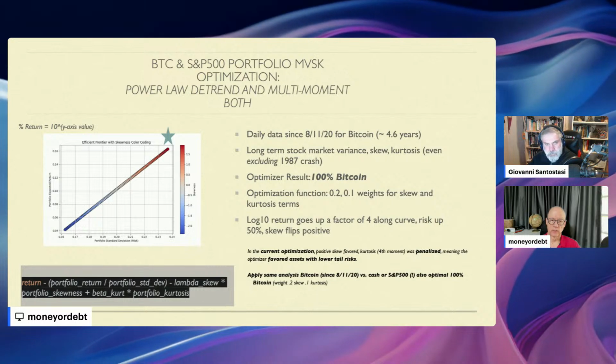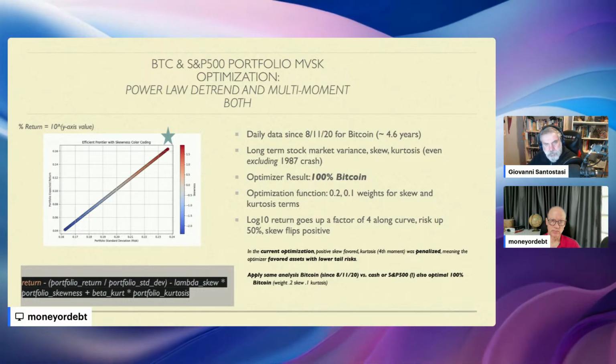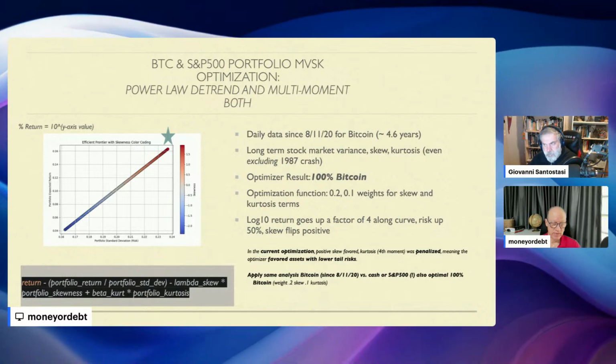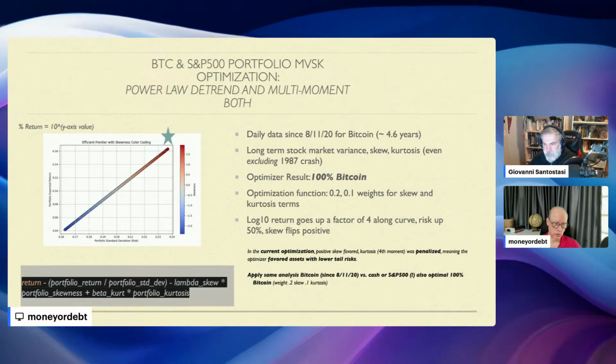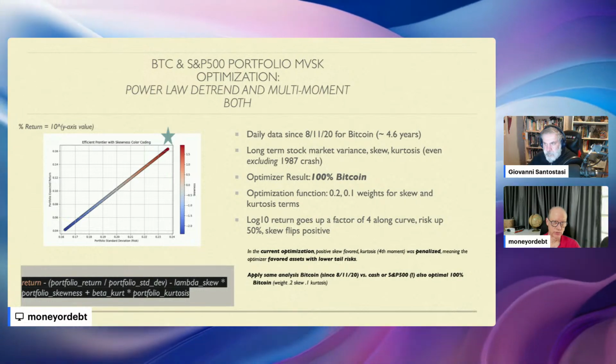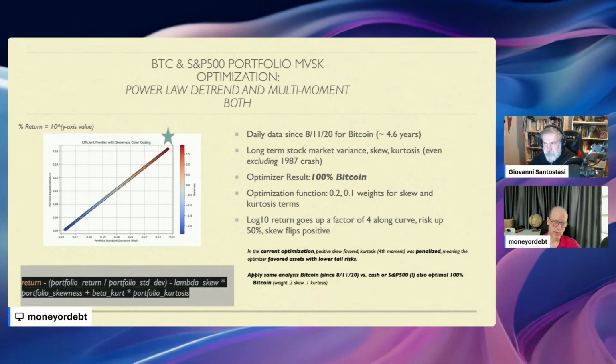Okay, so we repeat the same exercise now, instead of with MSTR, with the S&P 500. And because volatility has come down so much, I'm not using the whole historical data set for Bitcoin.